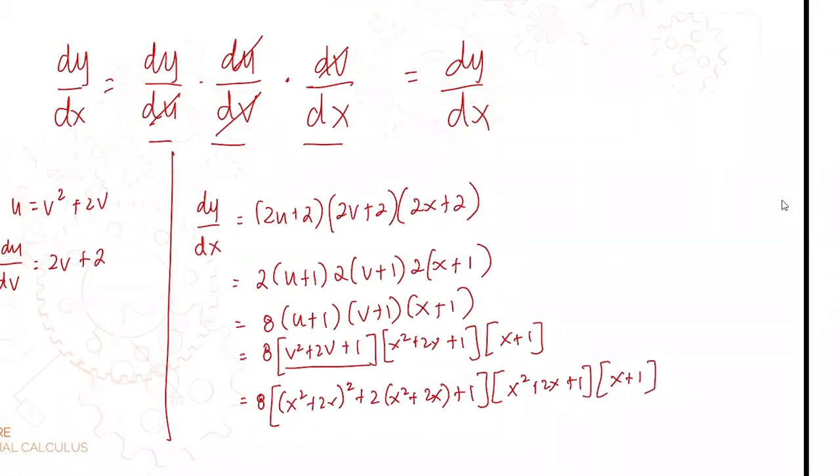When we check x squared plus 2x plus 1, we can represent it as x plus 1 squared. And the first term we can write as x squared plus 2x plus 1 squared, after factoring.